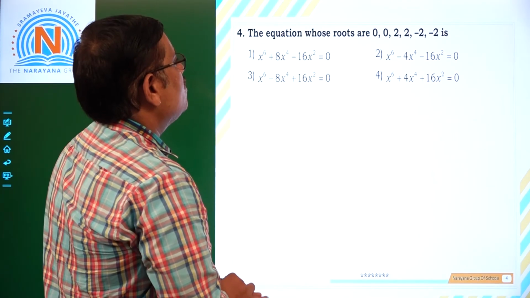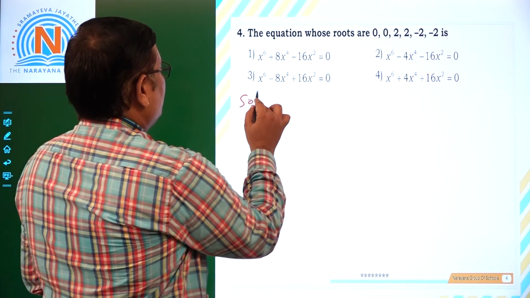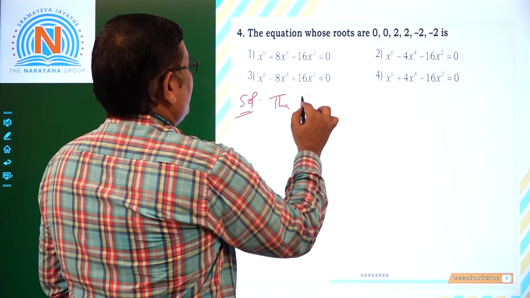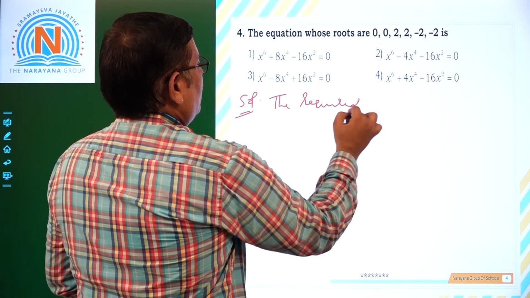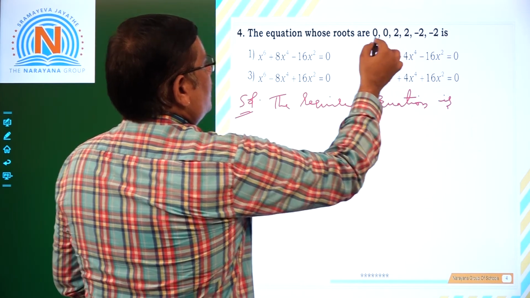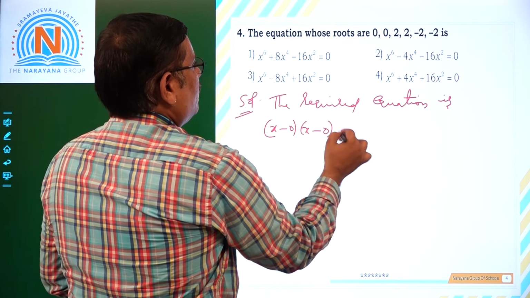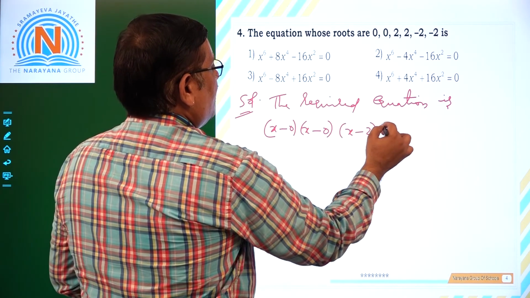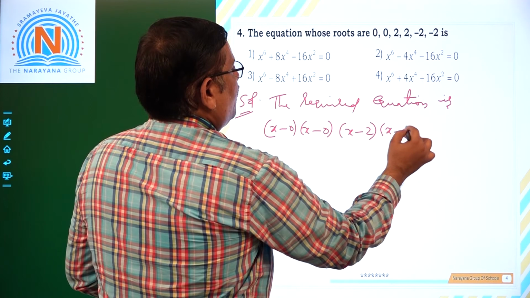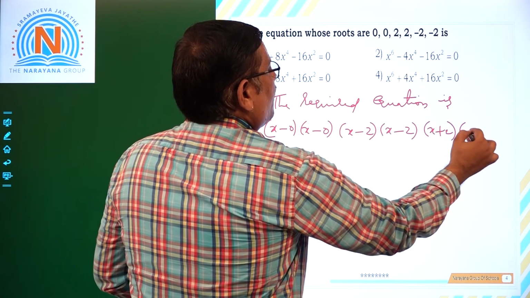The equation whose roots are 0, 0, 2, 2, -2, -2 is, solution: the required equation is, what to write?